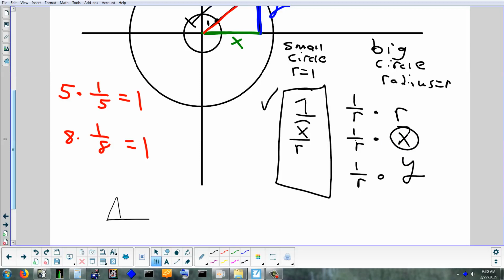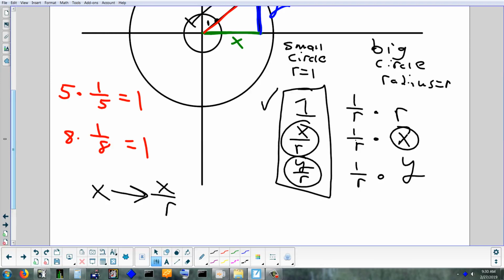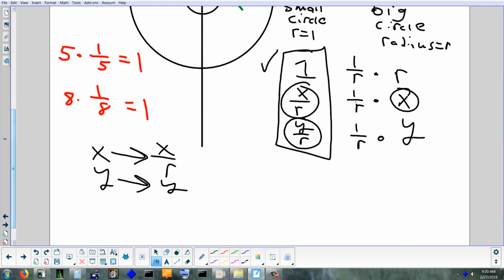On the small circle, it turned into x over r. So I'm just going to write down what just happened. X turned into x over r. I basically have it on the right, but I'm just making it even clearer here. What do you think I'm going to put right here? Y over r. So y turned into y over r. Okay.